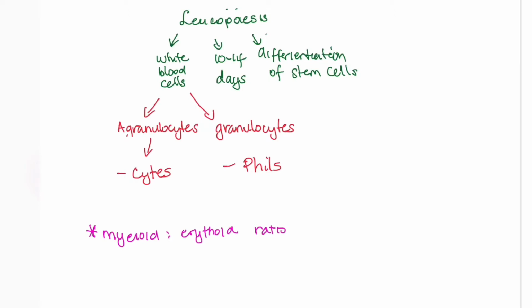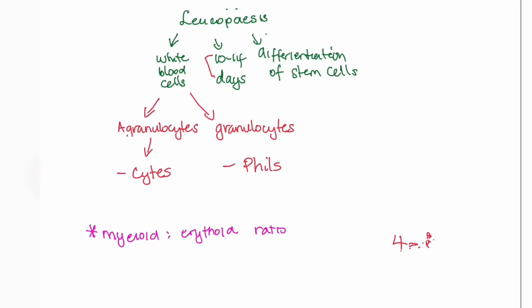So the process of leukopoiesis, just an introduction, takes about 10 to 14 days to occur, right? And erythropoiesis is basically a much shorter process, which only lasts for 4 to 8 days.